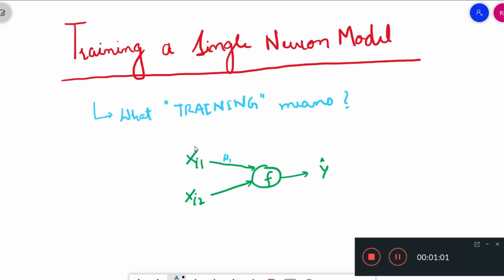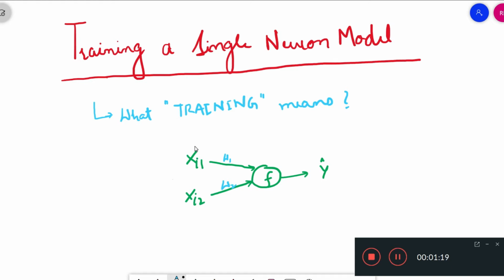So let's say w1 is the weight on the signal coming through the input xi1, and w2 is the weight of the edge that connects input xi2 to our activation function f.